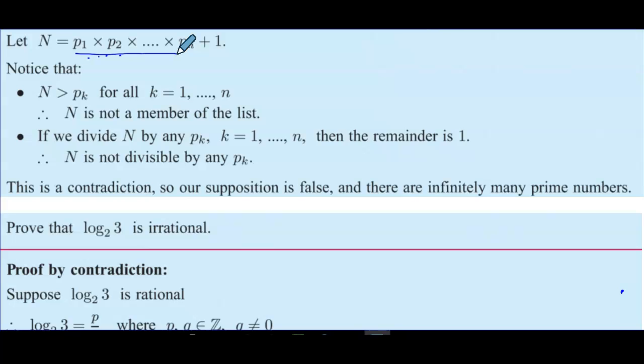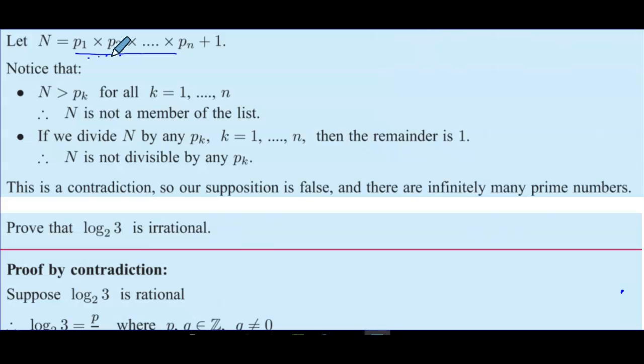And then we're going to add 1 to it at the very end. Notice that this N is going to be bigger than any single prime number. So in other words, there's no way that this capital N is part of this list. That makes sense. Now, if we divide N by any of the prime numbers, it's not going to go in nicely.